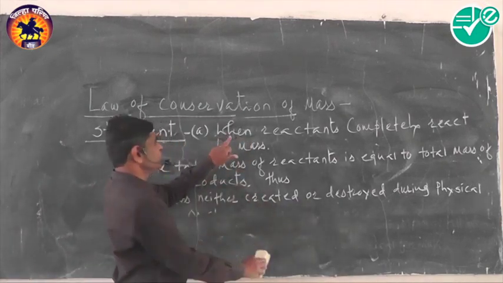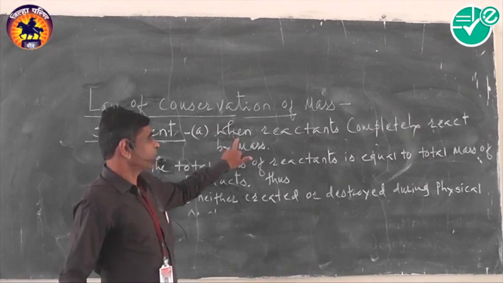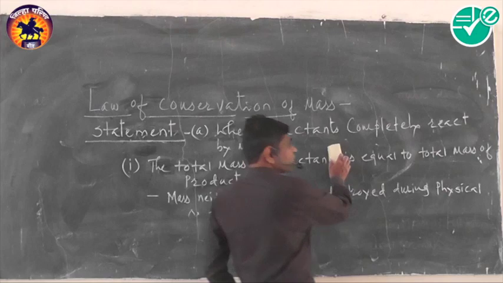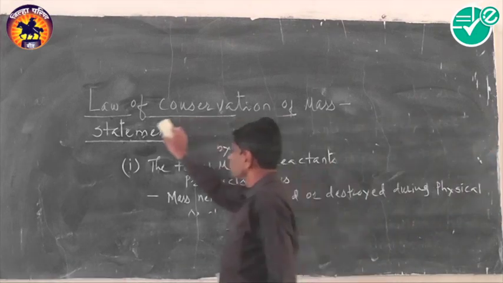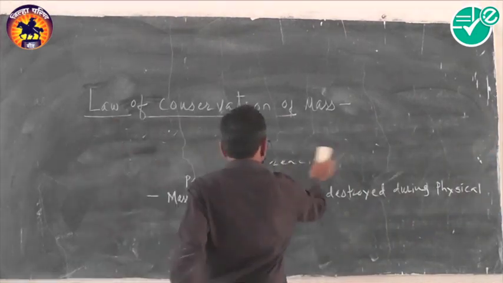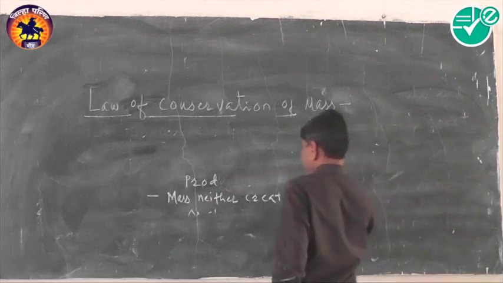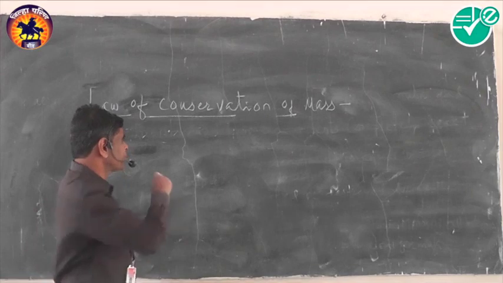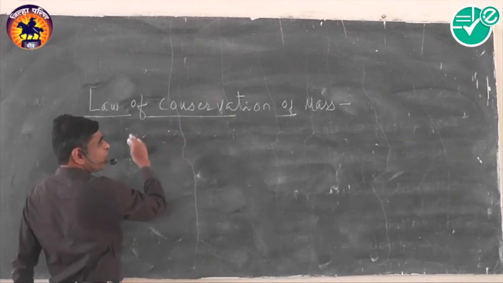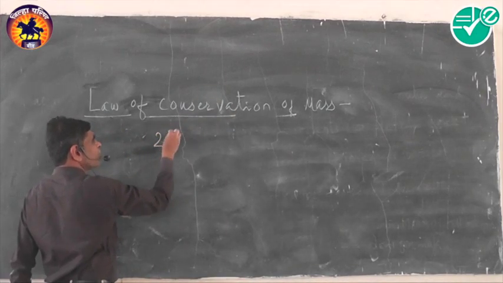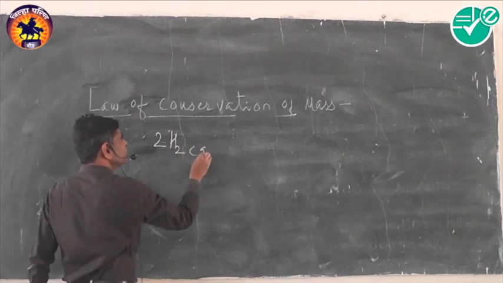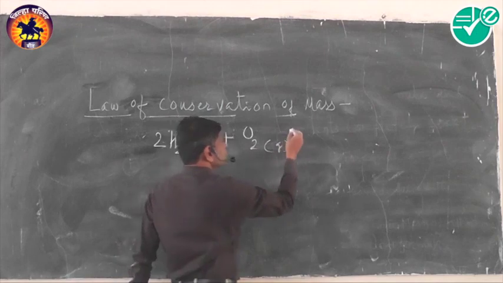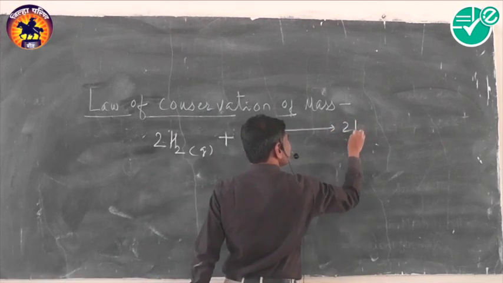But what is the basic condition? The mass of reactant taken must be completely reacted. This is the basic condition. Now let us consider an example. The formation of water takes place by 2H2 gas plus O2 gas giving 2H2O liquid.